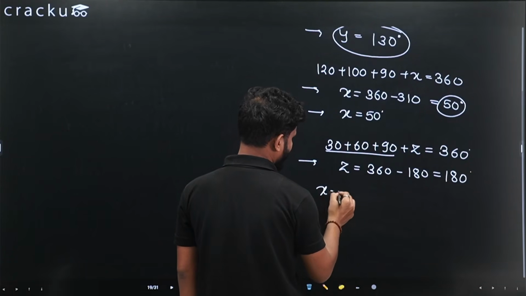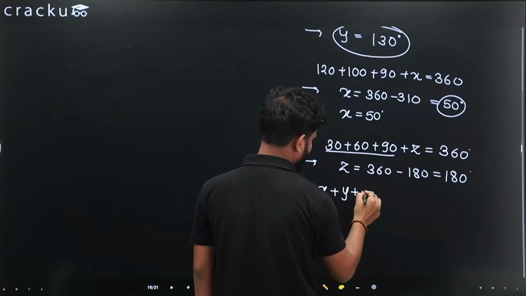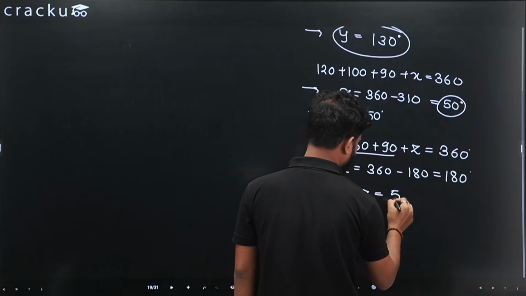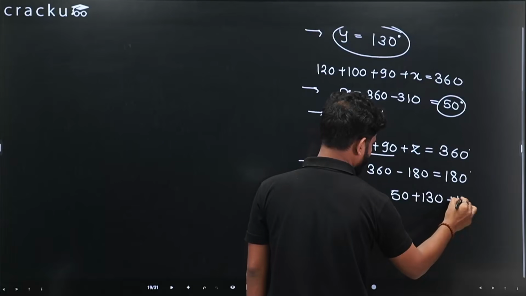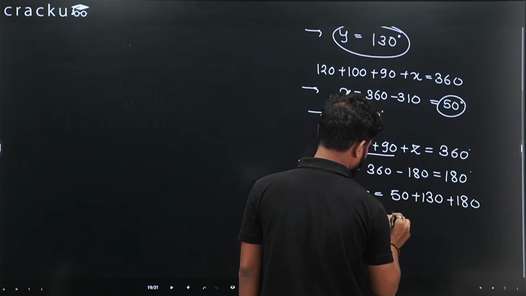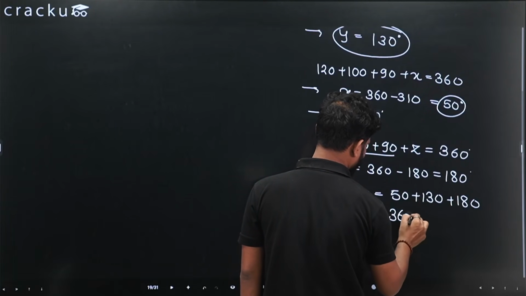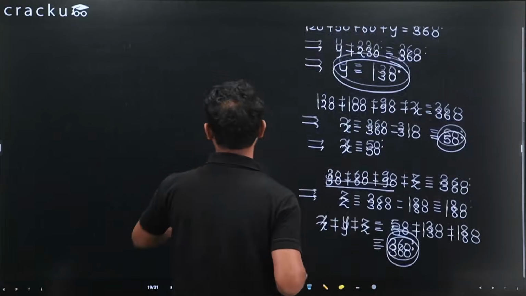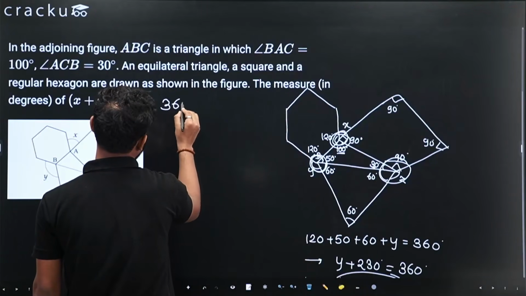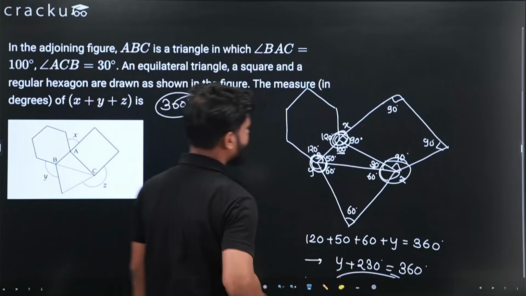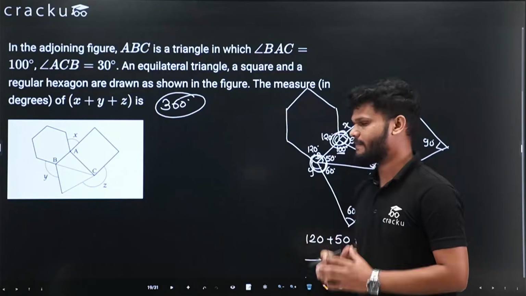We need to find x plus y plus z. So this is 50, y is 130, z is 180. This will give you nothing but 360 degree. So the answer to this question will be 360 degree. So this is how you can solve the question.